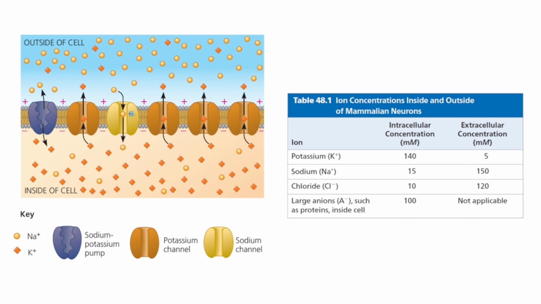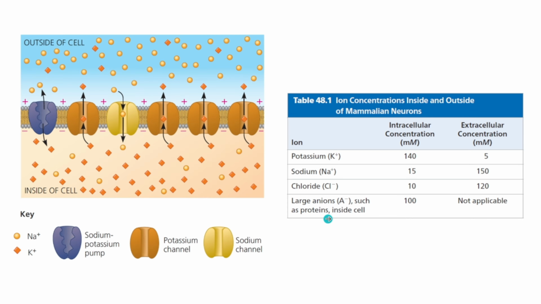There is a different distribution of other ions and molecules across the membrane, especially negatively charged proteins, which are at a higher concentration inside the cell than outside.